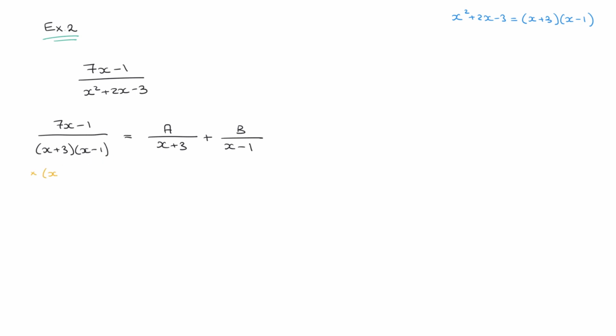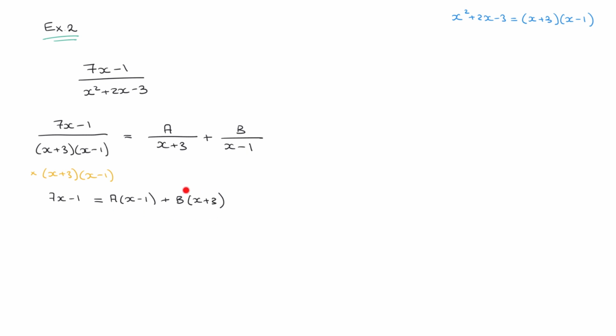That's times (x plus 3) times (x minus 1), which leaves us with 7x minus 1 on the left-hand side, and on the right-hand side, well, this a over (x plus 3) times (x plus 3) times (x minus 1) leads to a times (x minus 1), and for the second fraction, we have b over (x minus 1) times (x plus 3) times (x minus 1), so the x minus 1's cancel out, and we're left with b times (x plus 3).